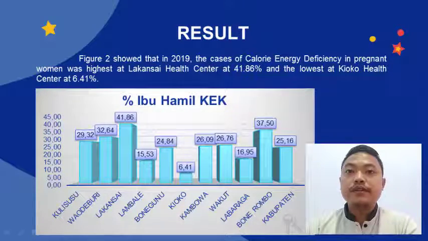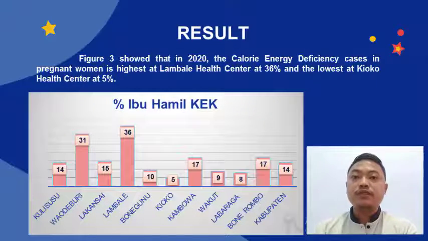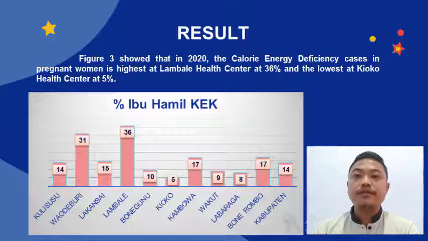Figure 2 showed that in 2019, the cases of chronic energy deficiency in pregnant women were highest at Lakansai Health Center at 41.86% and lowest at Kulisusu Health Center at 6.41%. Figure 3 showed that in 2020, the cases were highest at Lambale Health Center at 36% and lowest at Kulisusu Health Center at 5%.